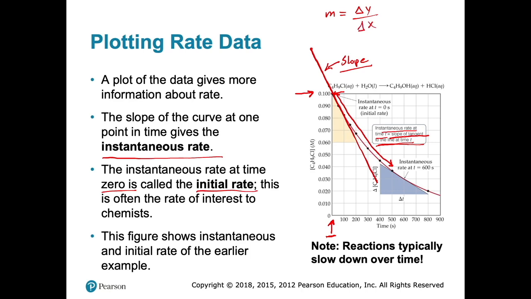And also, if you recall, maybe 2 or 3 slides ago, the rate actually equals the negative change in the concentration of the reactant, so in this case, it's the chlorobutane, C4H9Cl, all divided by the change in time. Okay, all divided by the change in time.